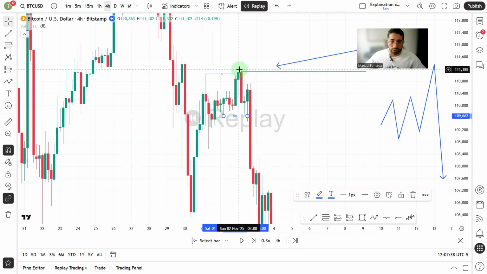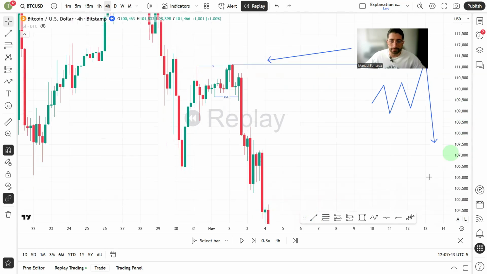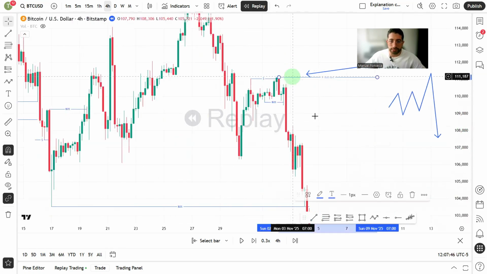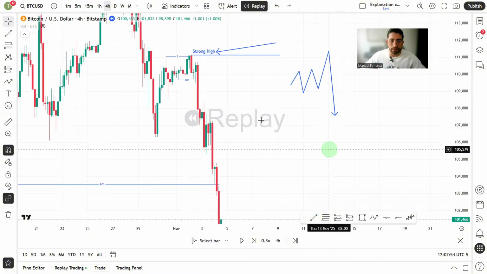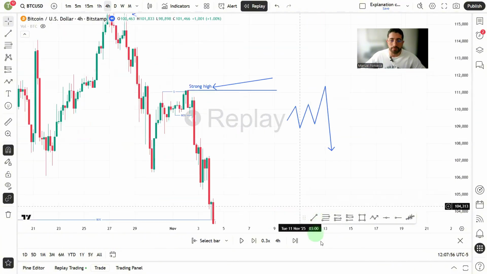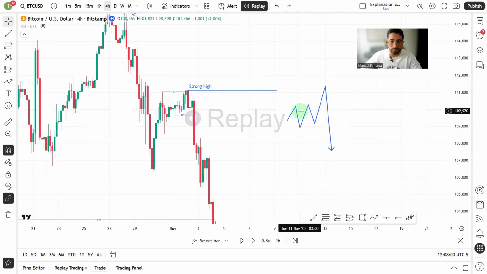From the swing low, the liquidity is taken, perfect, and then we have a break of structure with the bottom of the candle. Beautiful, right? So now we can confirm that this is a strong high. Yep, it is a strong high. Perfect. Which will mean that this is the new range beginning. Yes, you follow me, right?